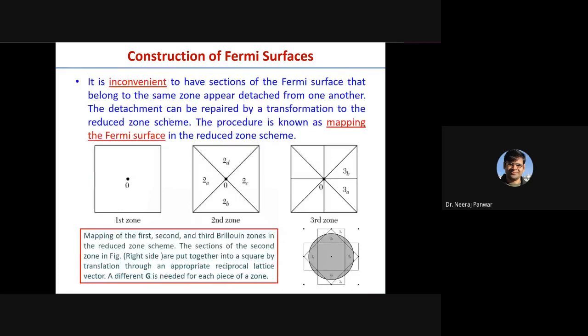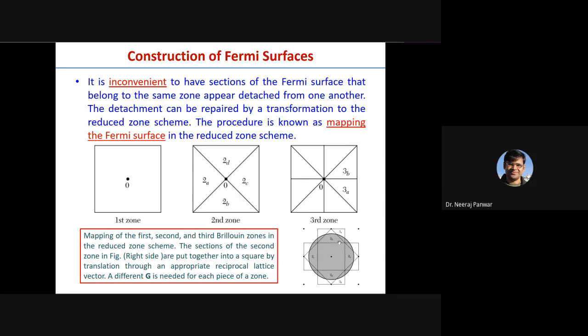Now, this is what we have seen, that different sections of a particular Brillouin zone can be translated to the first Brillouin zone. Similarly, we would like to see how, from the extended zone scheme, the different portions of the Fermi surface which lie in different Brillouin zones can be translated into the first Brillouin zone.